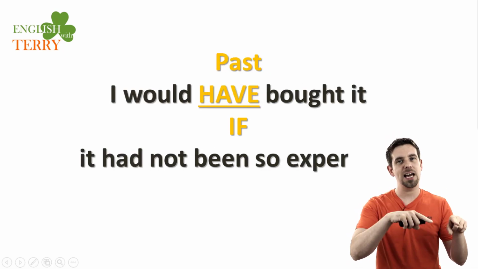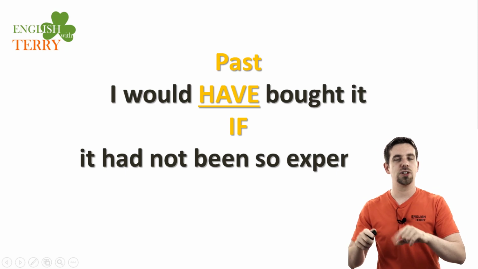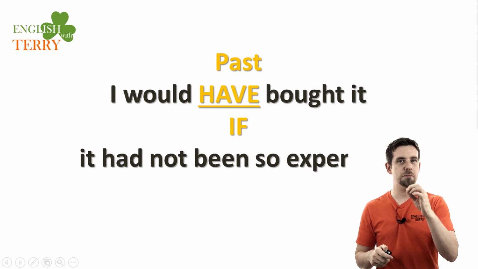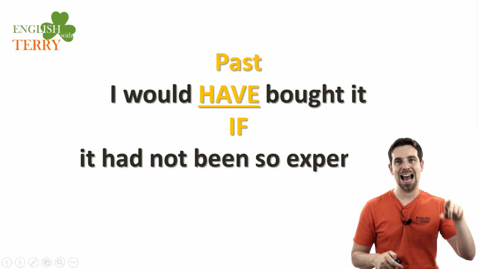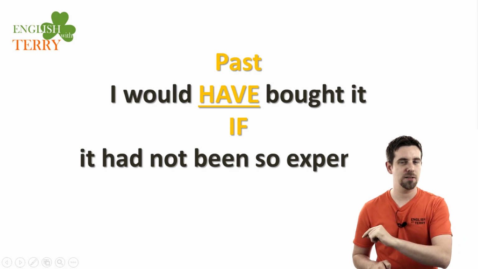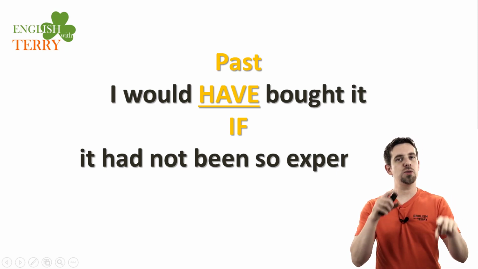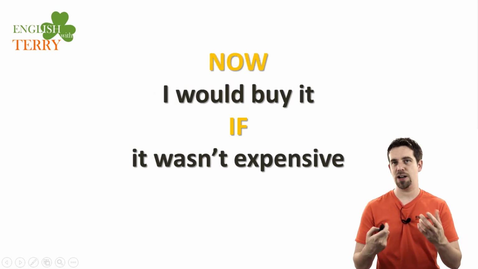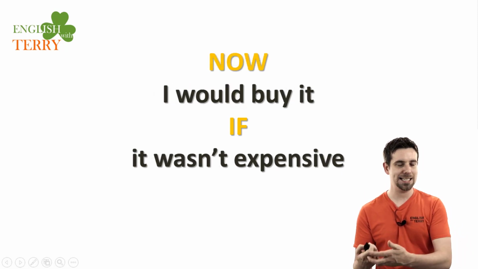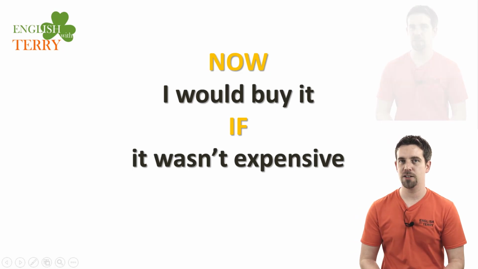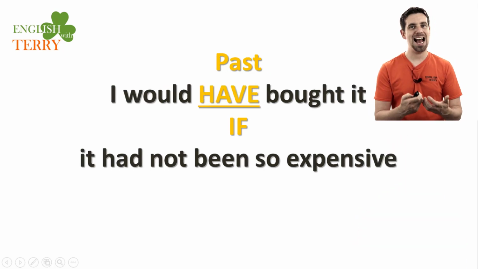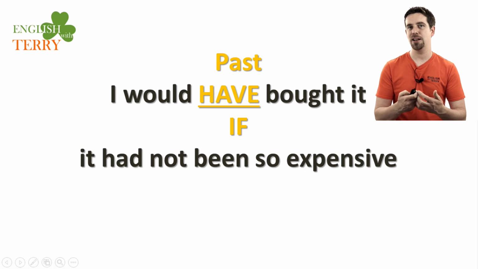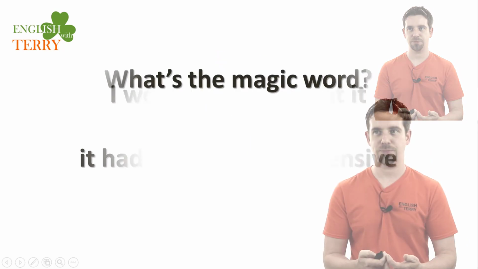To make this kind of sentence into the past, we'll say I would have bought it if it had not been so expensive. Okay? So this is where we start to change the structure. Where previously we just had this for now, I would buy it if it wasn't expensive. And then I would have bought it if it had not been so expensive.